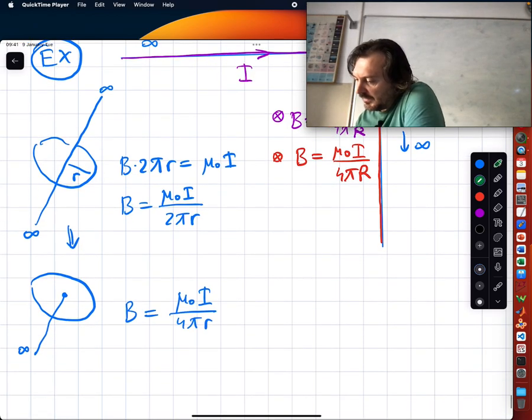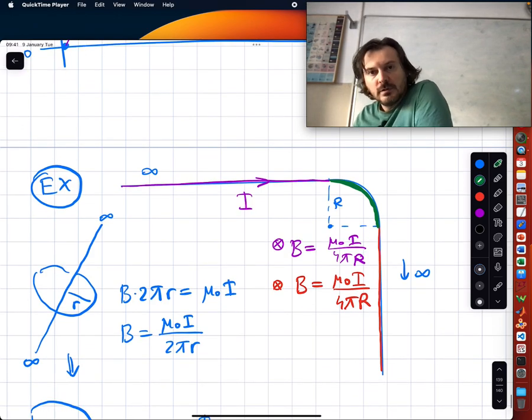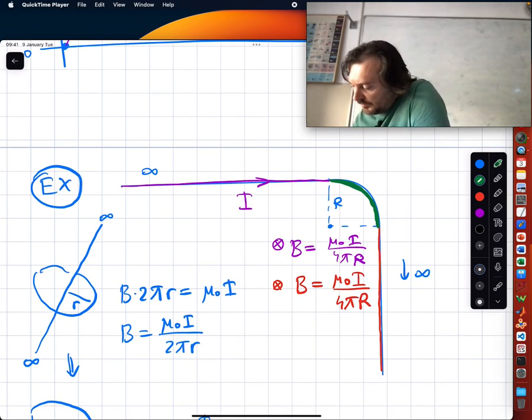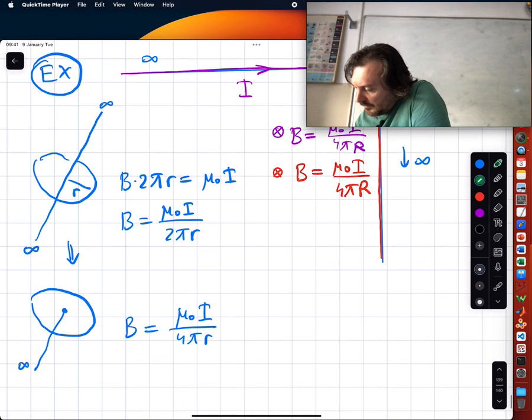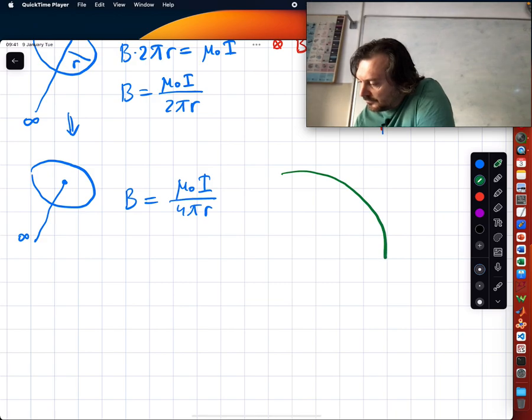So for the green section, we need to use Biot-Savart, right? Let me write it down. Let me draw it again over here.